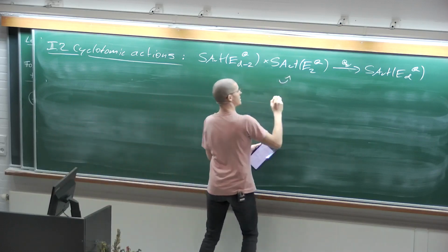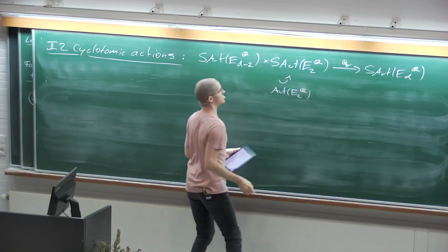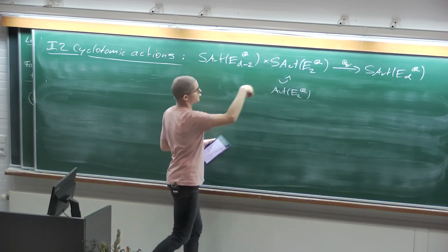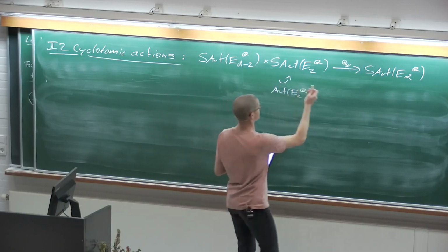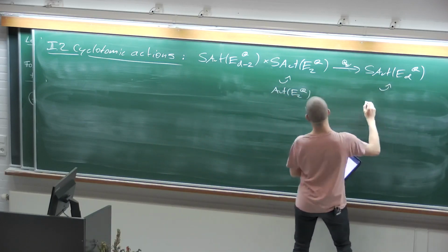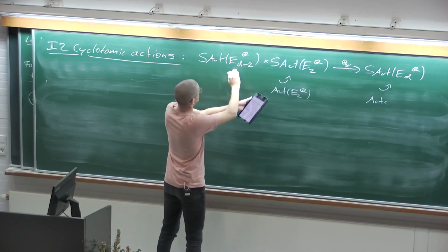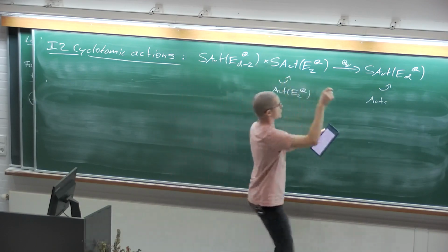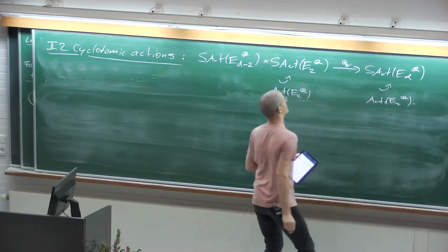Now, the automorphisms of E_2, potentially non-orientation preserving, act here by conjugation. And because of the naturality of this external product map, they will also act here by stabilization, by adding the identity on E_{D-2} on the left and then conjugating. Okay.